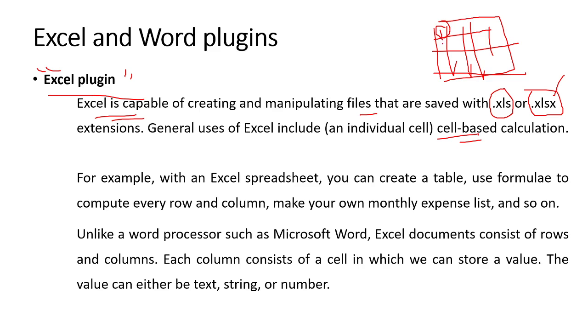You can drop the values in the cells 1, 2, 3, and you can put a formula in a cell which can calculate the sum of these numbers. That's what they mean by cell based calculation. Clear? It consists of rows and columns. You can go through the slide later on, I'm just explaining what is there in the slide.